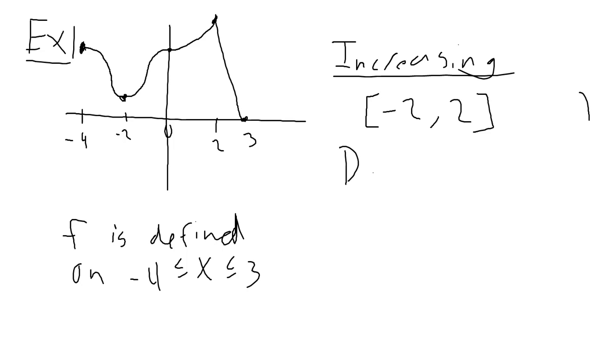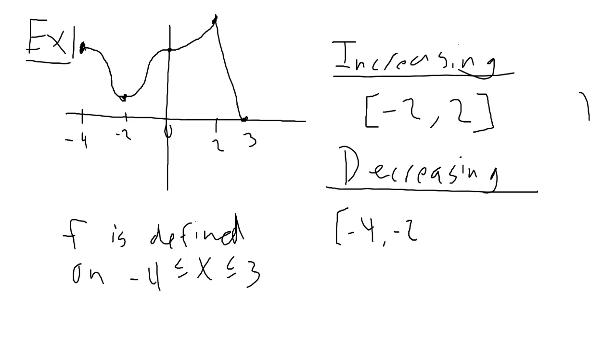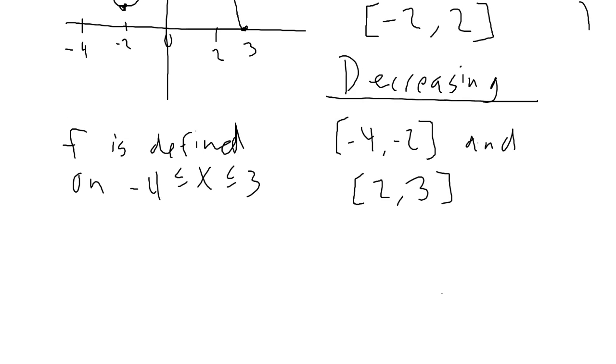So it's increasing on that interval, decreasing on that first interval from -4 to -2, and from 2 to 3 it's also decreasing. Just so you know, -2 to 2, this interval right there is the same thing as writing this.